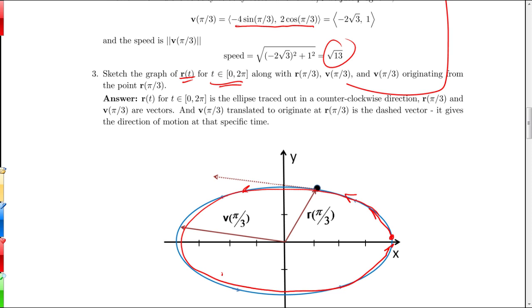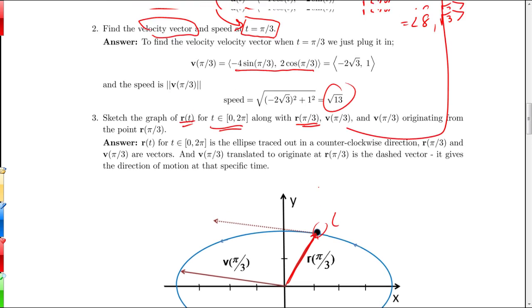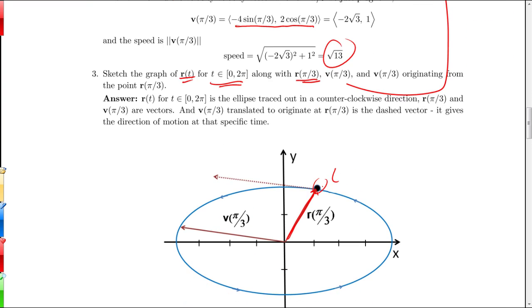That gives me my ellipse, as indicated by the blue curve. And then r of pi over 3 is what I did up there as well. So this is the actual position vector, and it ends at the point we determined.